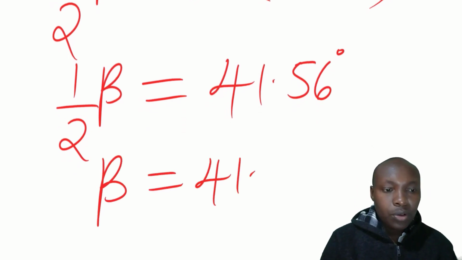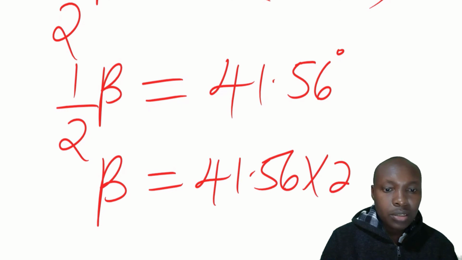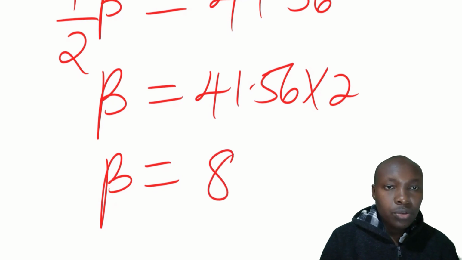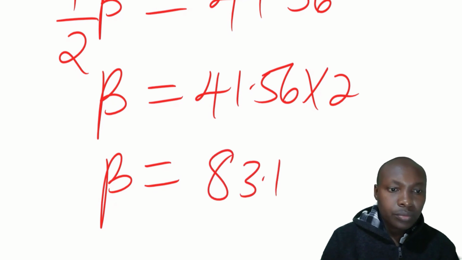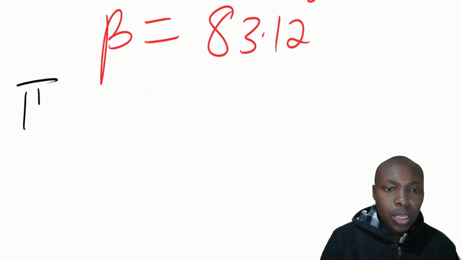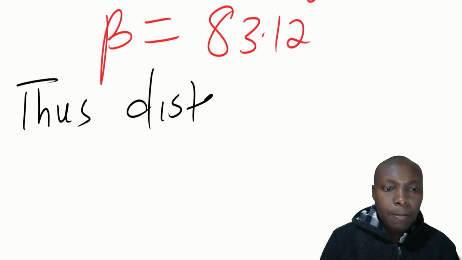You can see we've got the same answer as the previous part. So that is the angle at the center of the earth. When you want to get the whole of that angle, again we need to multiply that by 2. The reason why we are multiplying by 2 is because we have half beta. So to remain with beta, you multiply both sides by 2.